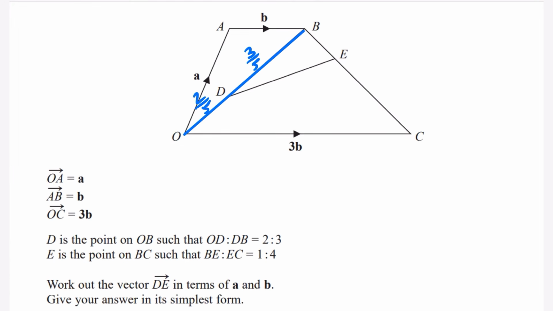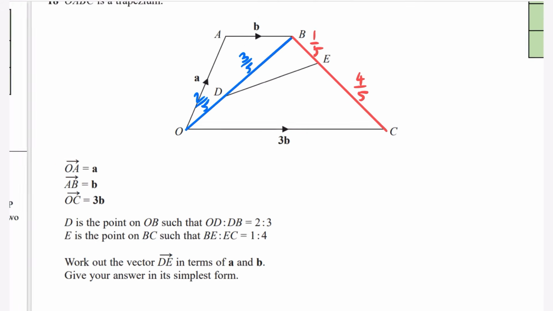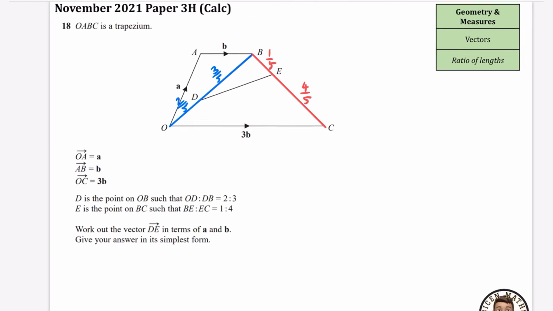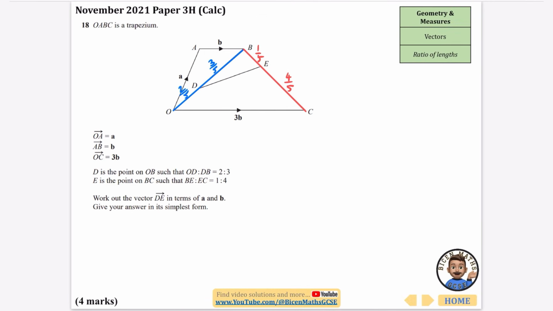And then it says E is the point on BC such that the ratio is 1 to 4. That means that this is going to be 1/5 and 4/5. That's how we would have it in the correct ratio of 1 to 4. It wants us to work out the vector DE in terms of A and B. So the vector that we're aiming for here is this one, and we're going to do that by doing this journey.